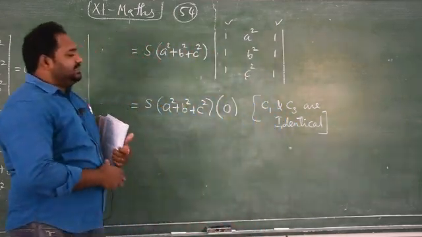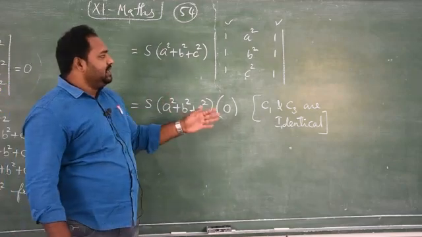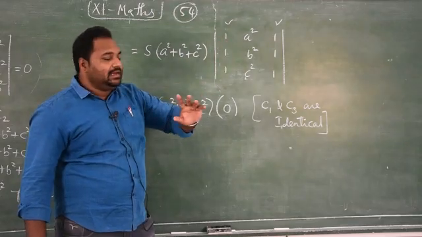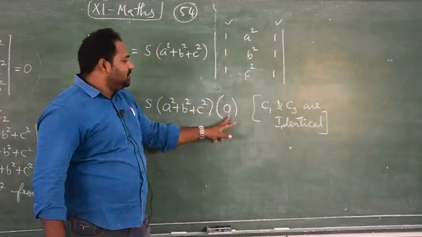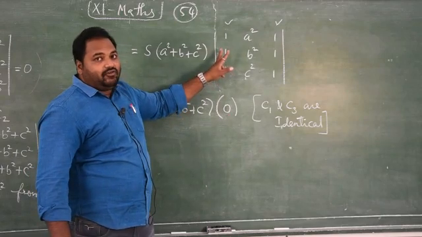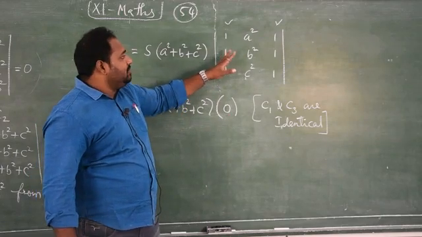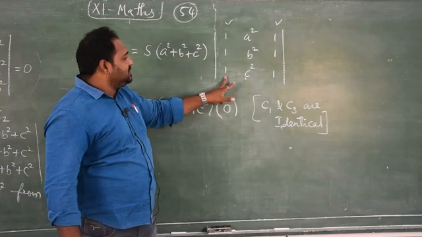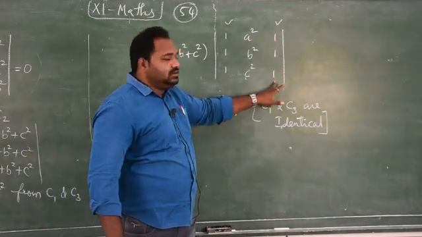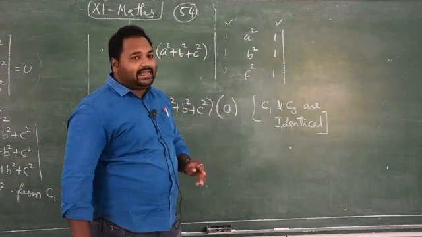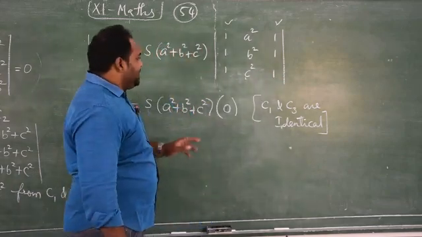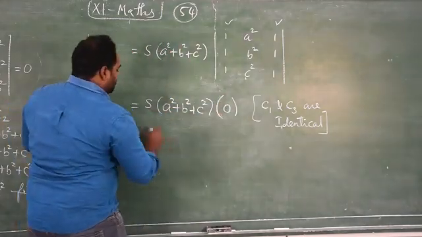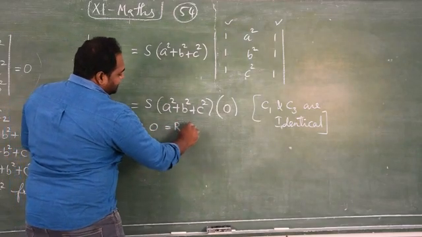In the determinant, if you have rows or columns that are identical, the value of the determinant is 0. Once again, what do you mean by identical? Identical means any column or row has the same values. See here, 1, 1, 1: in column 1 all the values are 1, and in column 3 all the values are 1. So these two columns are identical, and we can say the whole determinant value becomes 0. So 0 into anything is 0. The answer is 0, equal to RHS. Hence proved.